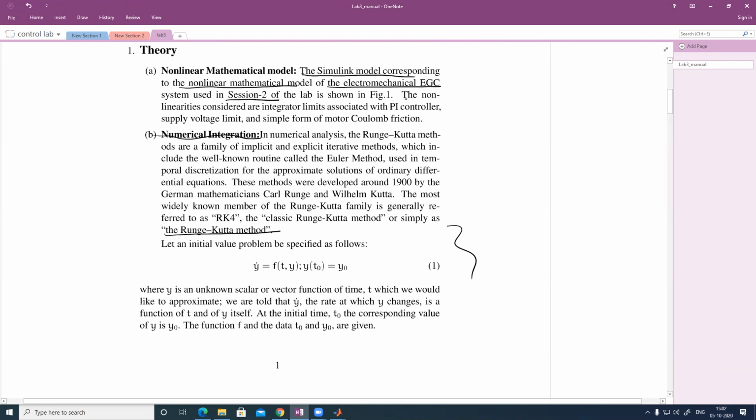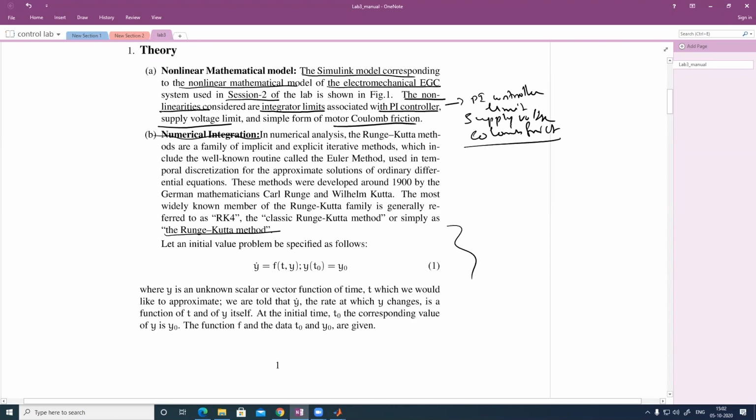There the nonlinear things considered are the integrator limit associated with the PI controller, the supply voltage limit, and the Coulomb friction.